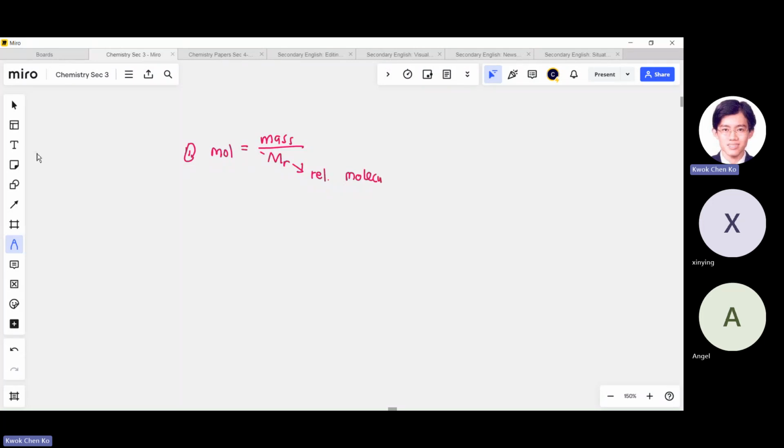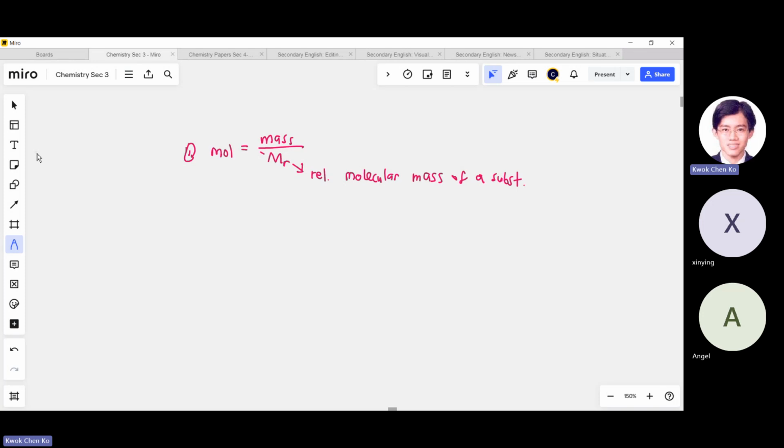It can be anything, an element or a compound. Can I assume you guys have no problem with calculating MR? Rachel, okay with it? Okay, so I can go through.